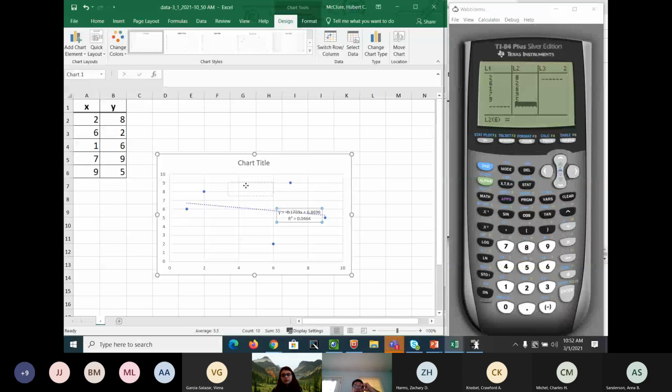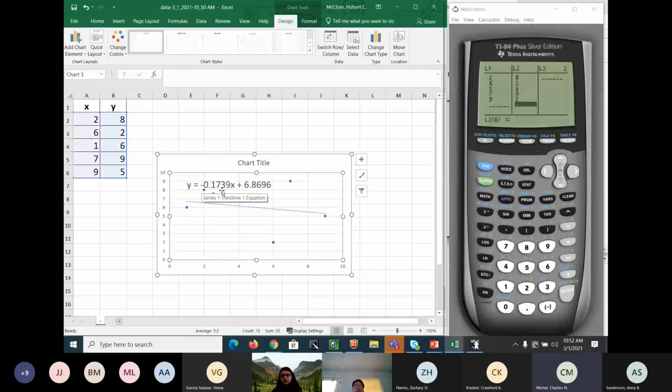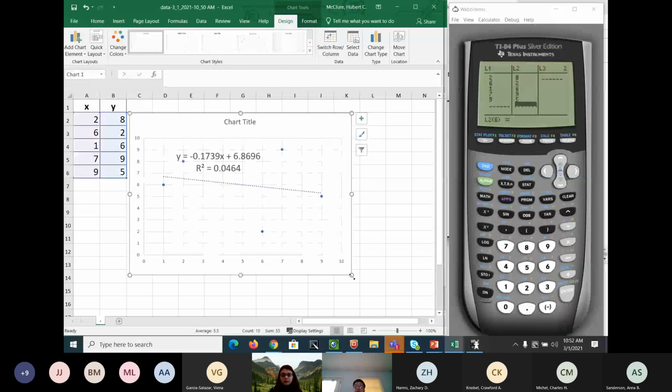So we've got a negative correlation. And what else tells us that? We have a negative slope. So we have a negative correlation and we have a negative slope.